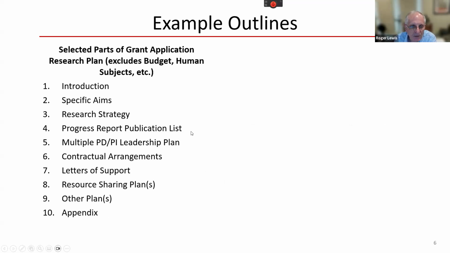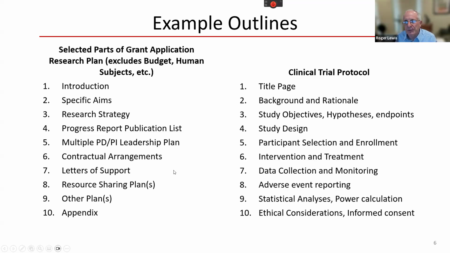There are also the progress report or publication list to show what work you've already been able to accomplish, how you're going to structure the leadership plan, especially if there are multiple PIs, contractual arrangements, and letters of support. Things like the introduction and the letters of support are there to point out how important the work that you're doing is, and that others think it is important as well.